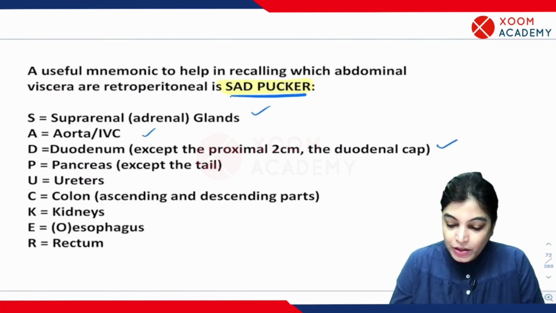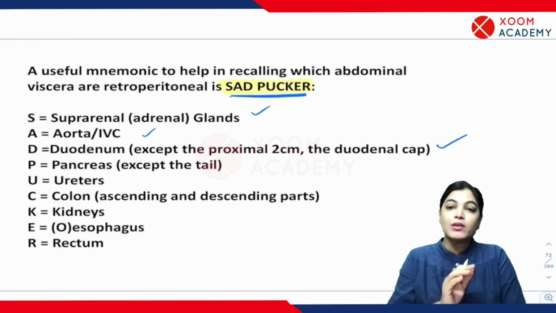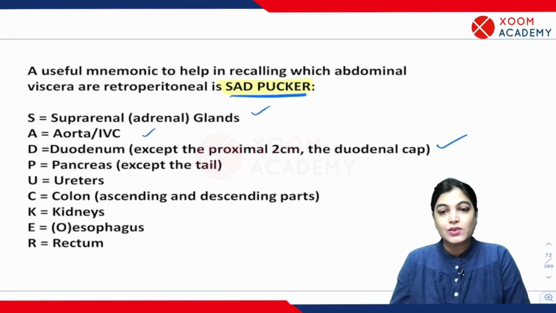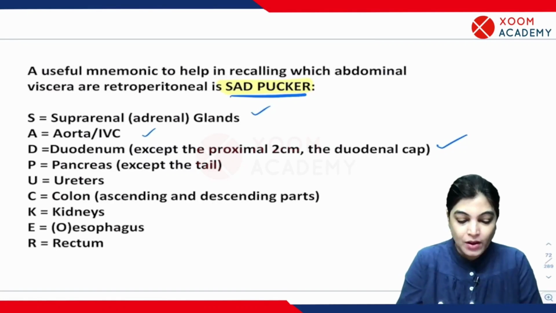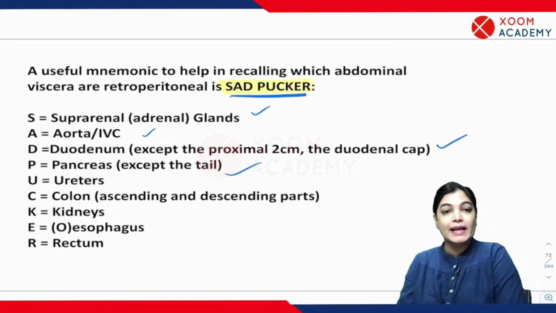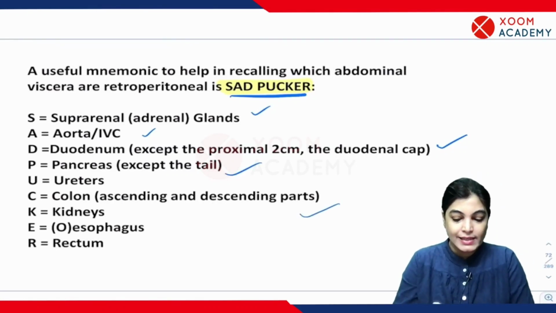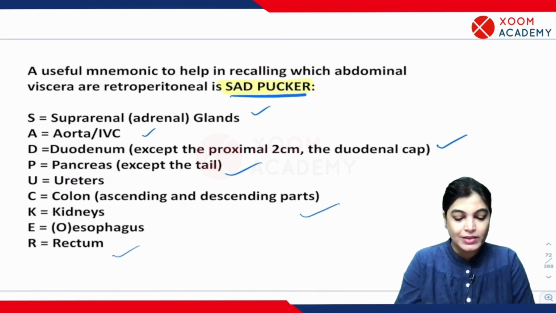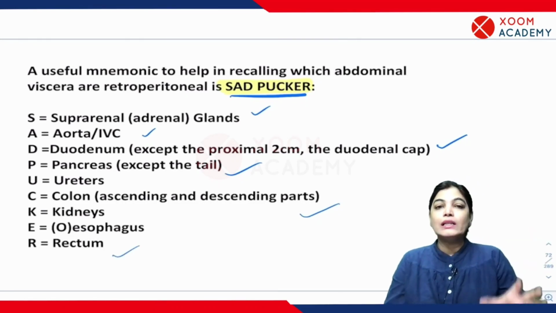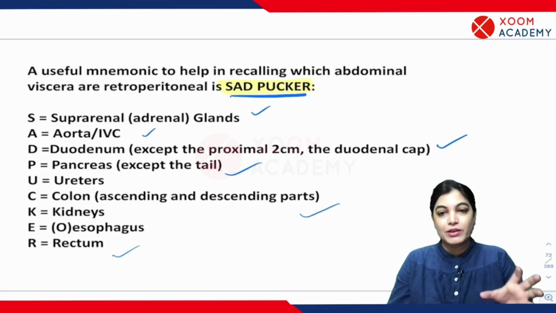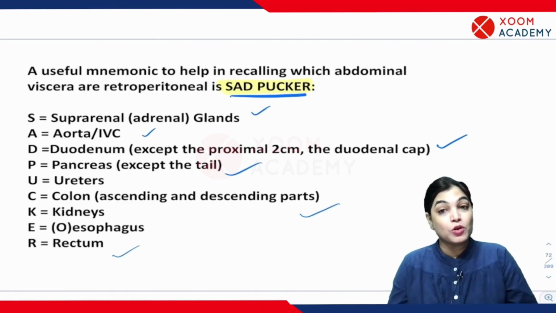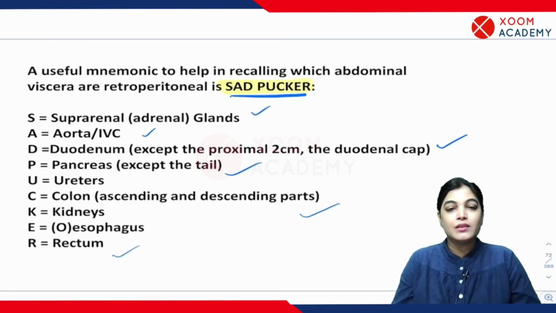Then the entire duodenum except the initial or proximal part, which is called the duodenal cap. The whole of the pancreas except the tail, ureters, colons, ascending and descending colons, kidneys, rectum, esophagus. All these structures together are retroperitoneal structures in our body. The mnemonic is SAD Pakkar.